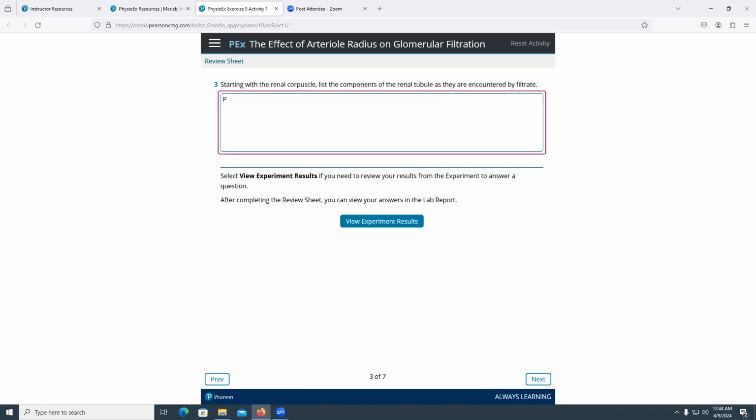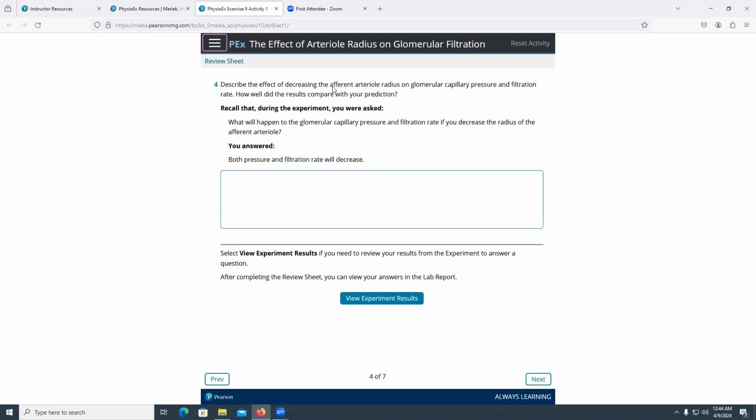That would be proximal convoluted tubule, descending loop of Henle, and ascending loop of Henle, and distal convoluted tubule, and collecting duct.